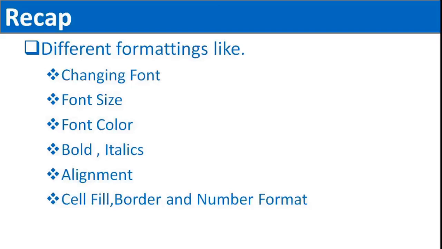Now let us recall the concepts that we saw in this session. Formatting cells, changing the font, and how to change the font size, the color for the selected text, that is font color, then font styles such as bold, italics, underline, and then alignment to left, right, center, top, middle, bottom.